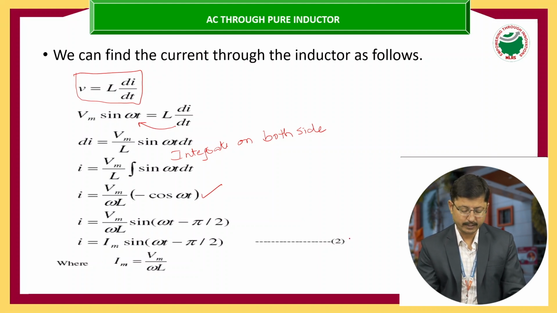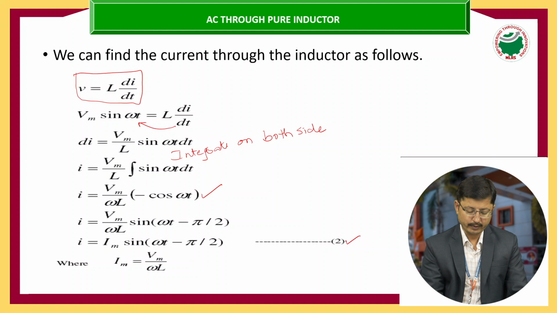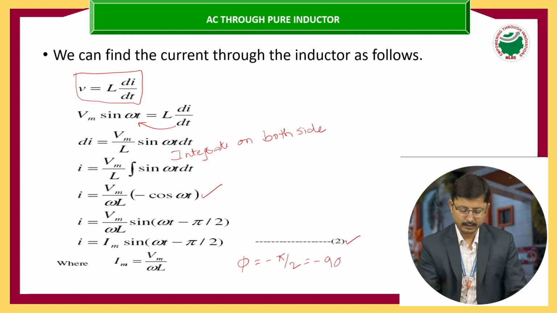Let us call this expression number 2. Now we compare expression number 2 with the standard expression B. Then we find that the phase angle phi is minus pi by 2, or minus 90 degrees.